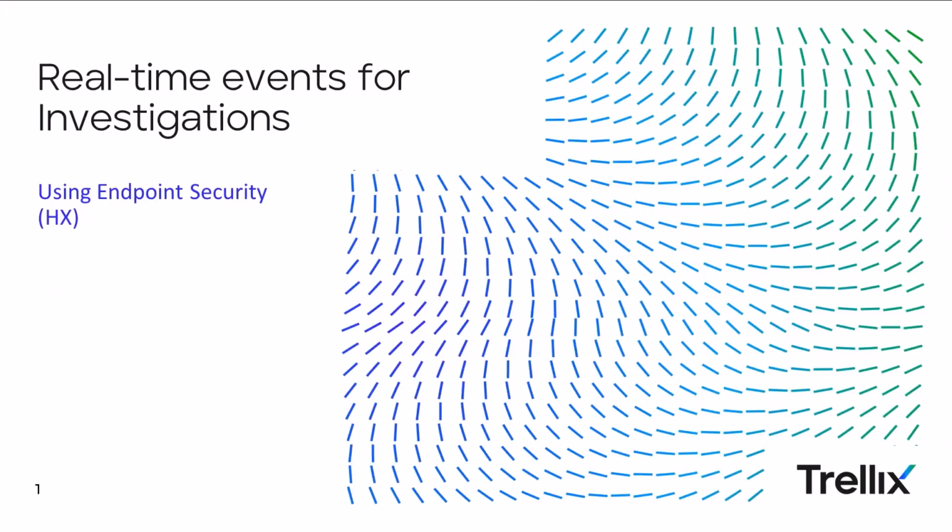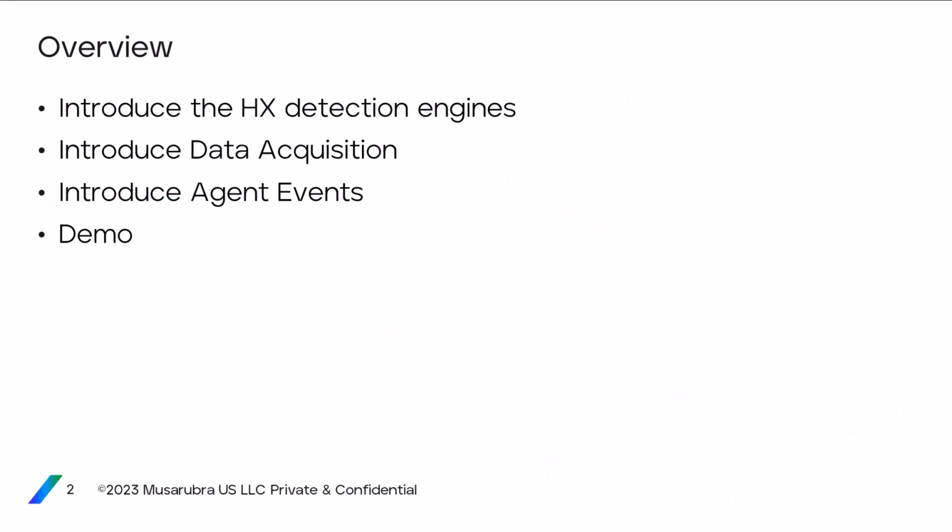In today's webinar, we're going to talk about how to use real-time events for investigations and how it makes our lives that much easier. To kick things off, we're going to first talk about the HX detection engines and how that plays into the agent events.